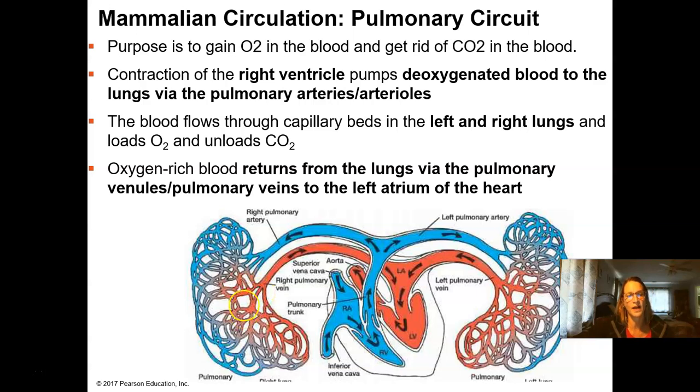Then the oxygen-rich blood, which is indicated by red, is going to return through the right or the left pulmonary vein. Remember, veins carry blood to the heart. So the pulmonary veins carry blood into the left atrium of the heart. Now you can see that the blood is highly oxygenated because it's just been through the lungs and did gas exchange there.